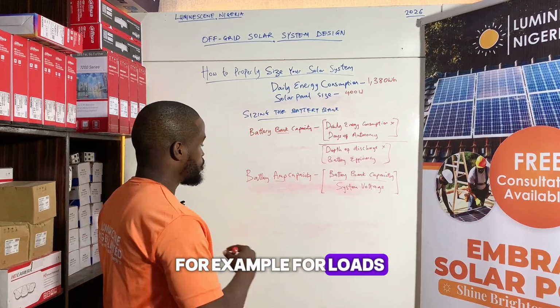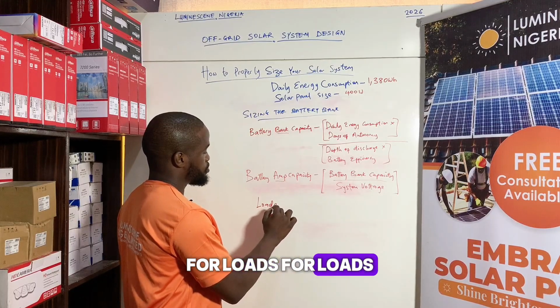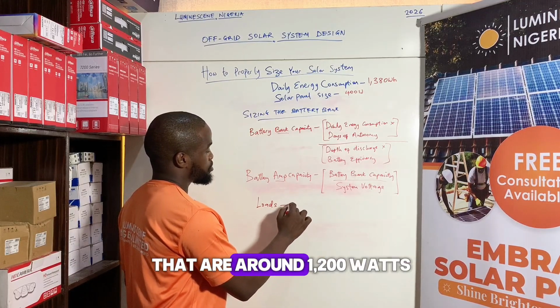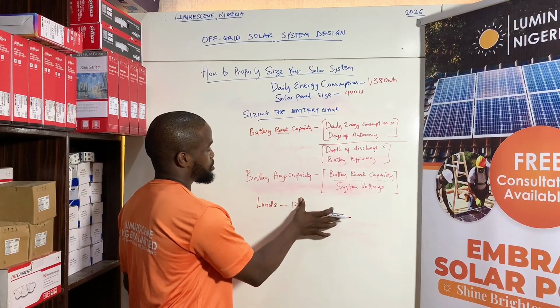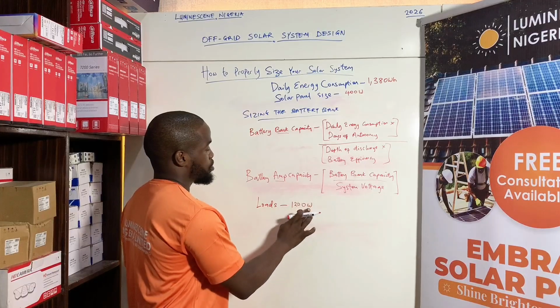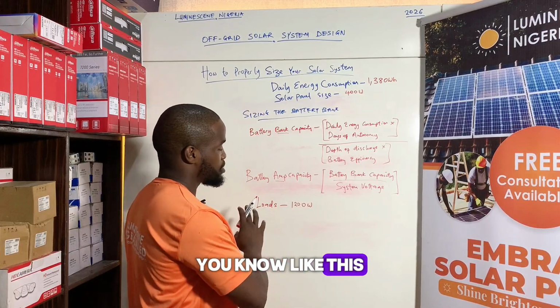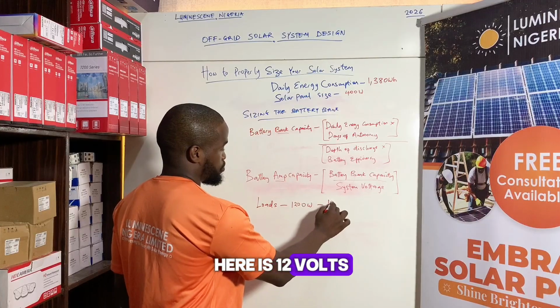For example, for loads that are around 1200 watts, this is a guideline, the system voltage here is 12 volts.